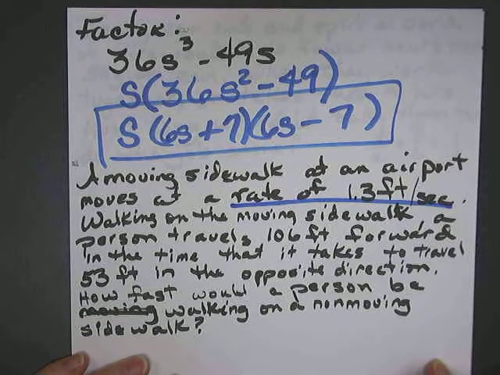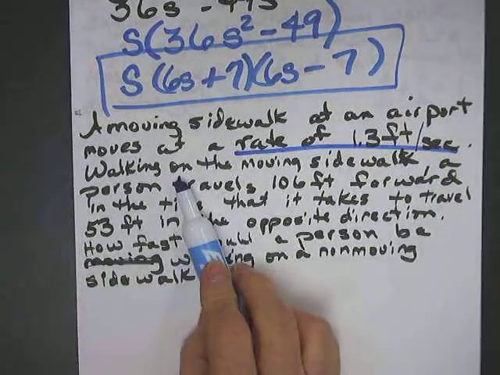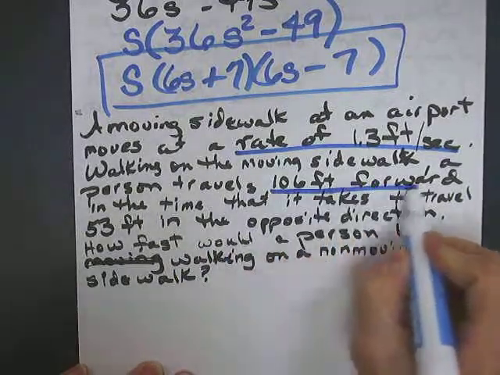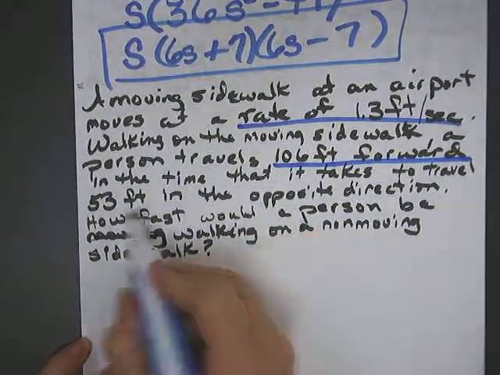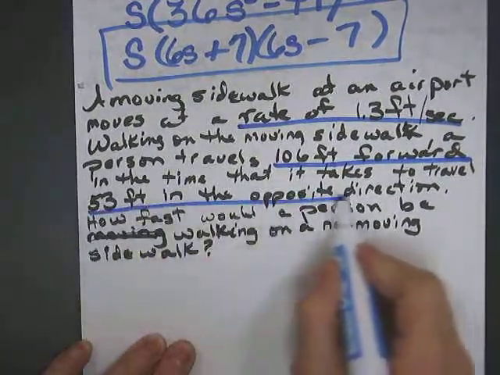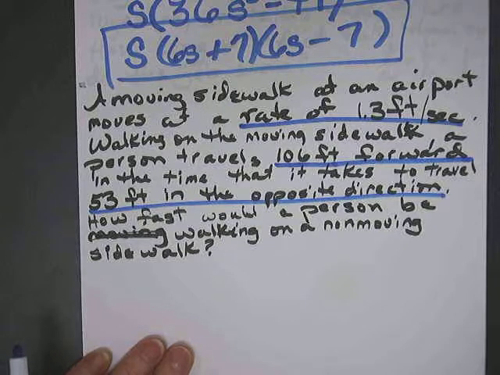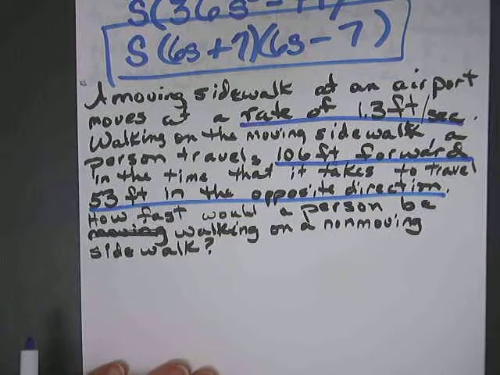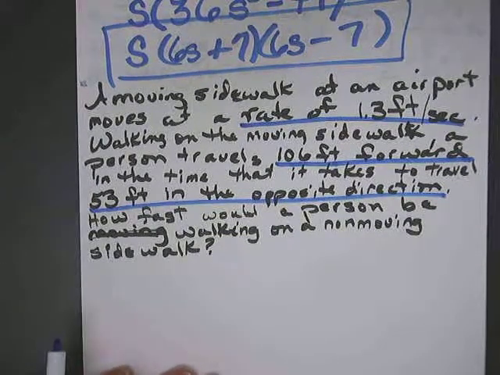Okay, let me get a paper because this doesn't leave me much room to do this. Okay, the moving sidewalk is going at a rate of 1.3 feet per second. And walking on the moving sidewalk, a person travels this far forward in the same time that it takes to travel this far in the opposite direction, so against it.